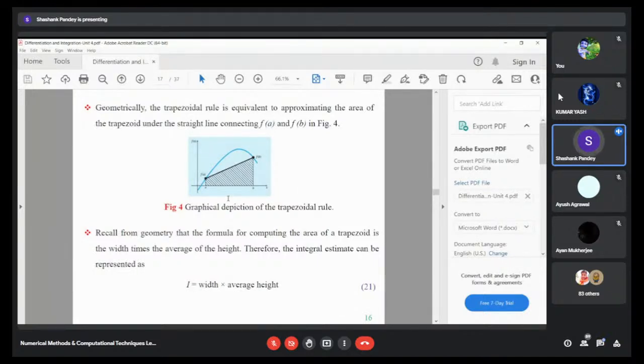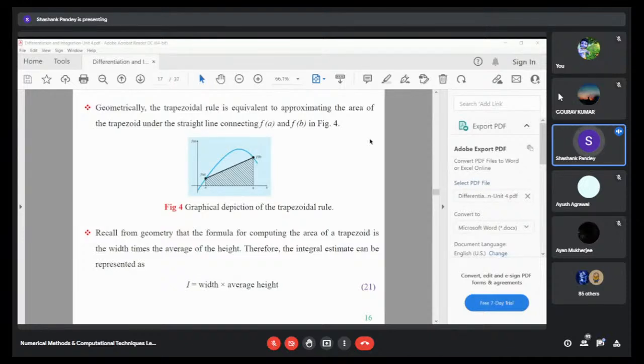Geometrically, the trapezoidal rule is approximately equivalent to approximating the area of a trapezoid under a straight line connecting f of a and f of b. We can recall that the formula for the area of a trapezoid is width times the average height.